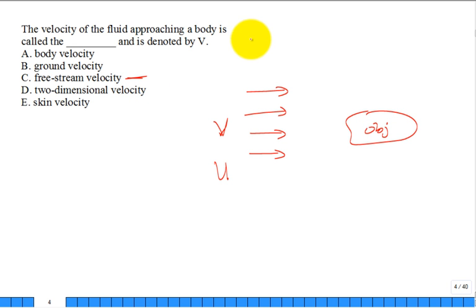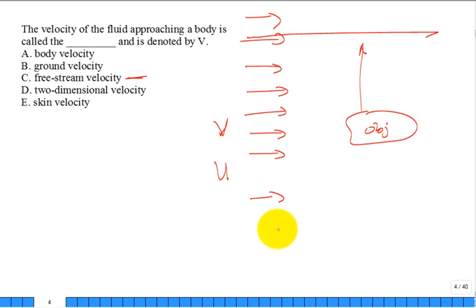It's as if the stream is far away and not affected by the object. You think about the large flow field coming in with a small object in it, and so they use the term free stream velocity.